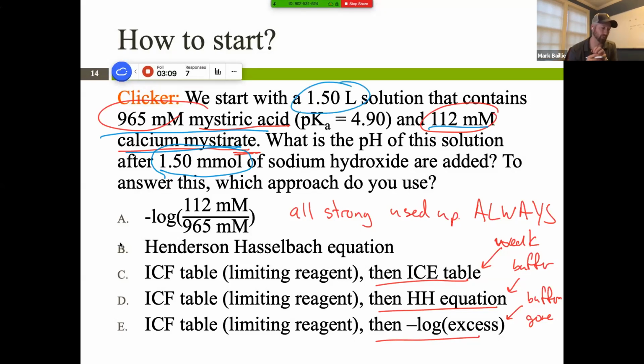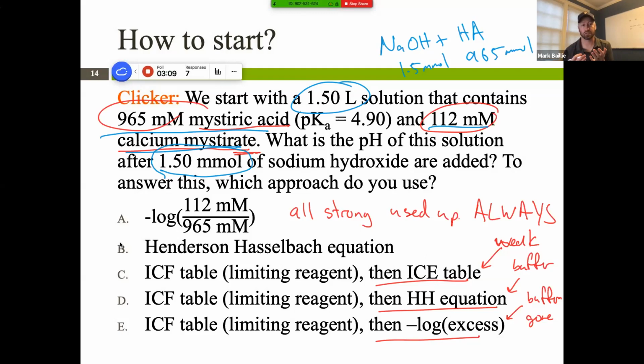So that means we have more than 965 millimoles of a weak base, a weak acid. The weak base reacts with our weak acid, and we have more than 965 millimoles of these, and we have 1.5 millimoles of this. You kind of see where I'm going there?